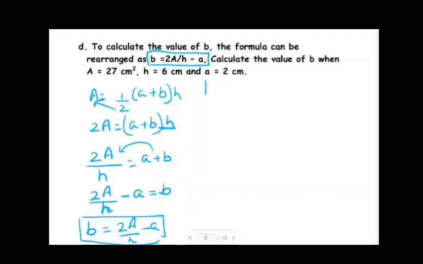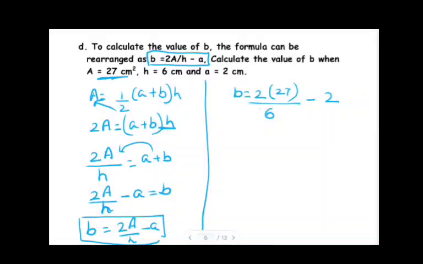Alright. So now they give the values of all. So b is equal to, instead of capital A, I am going to write 27. Instead of h, I'm going to write 6. And instead of small a, I'm going to write 2.